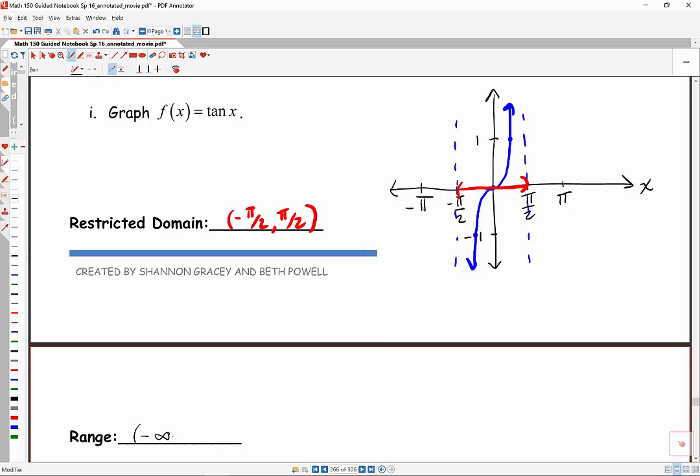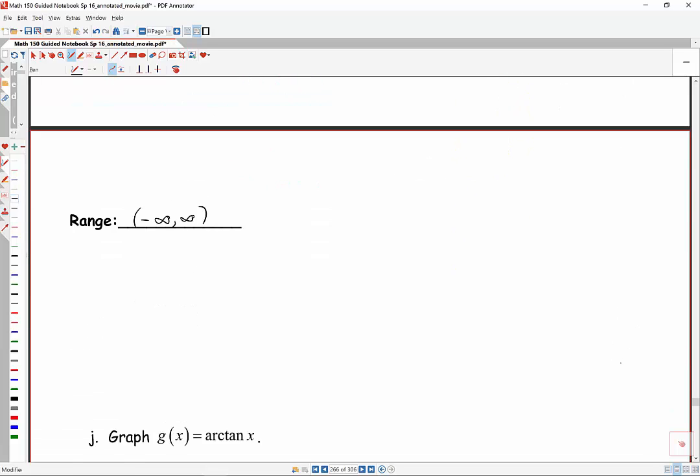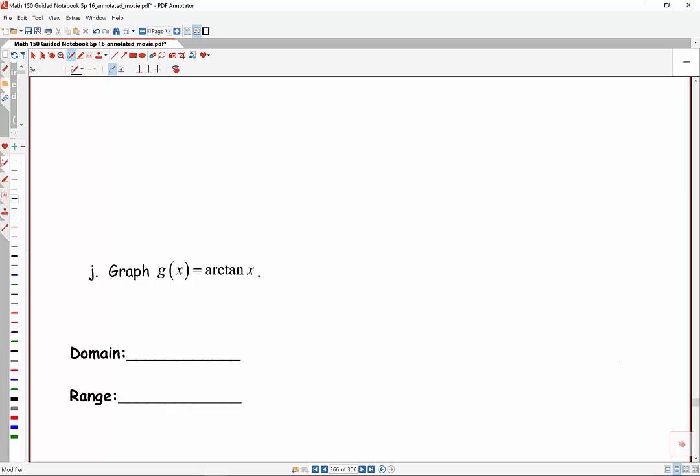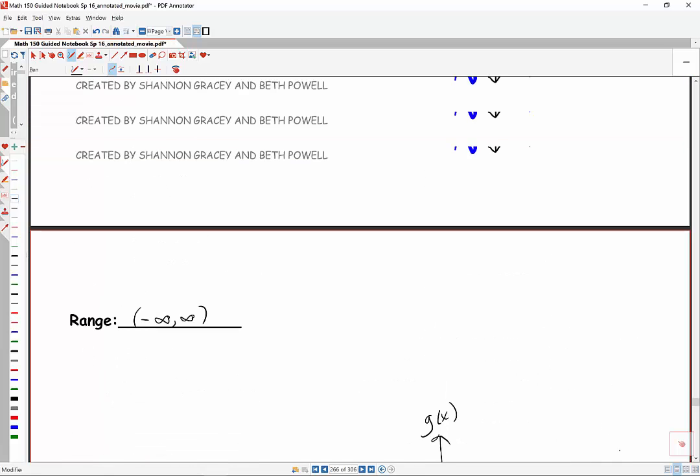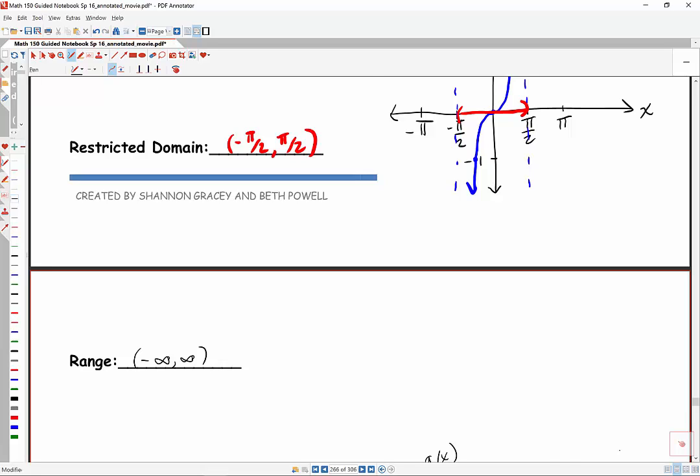So when we make our inverse graph, this is our x and our g at x. Remember, at negative pi over 2 and pi over 2, we had vertical asymptotes.